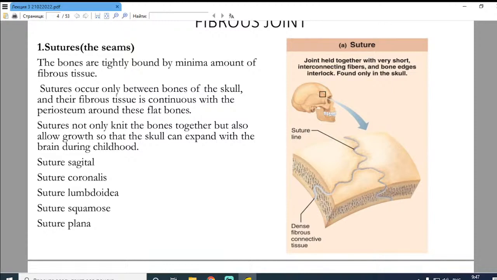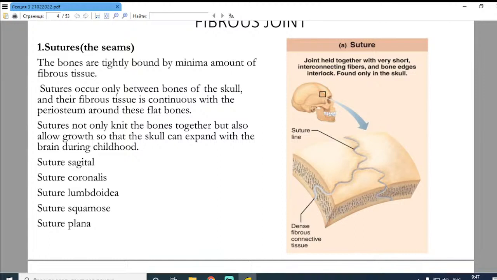Different sutures: sagittal suture, coronal suture, lambdoid suture, squamous suture, plane suture. This is a type of suture of the skull.